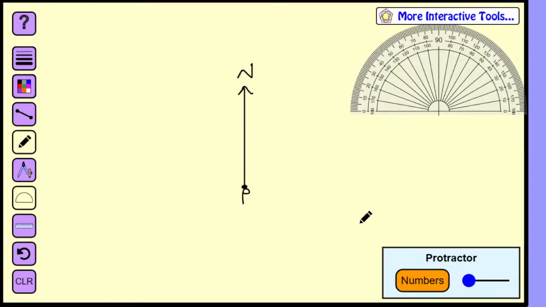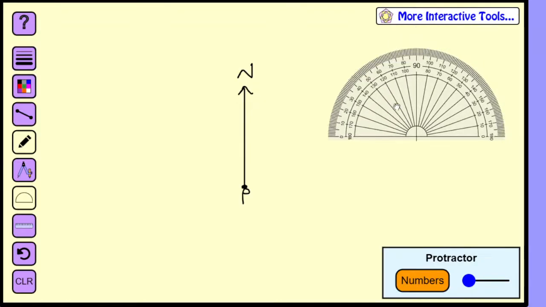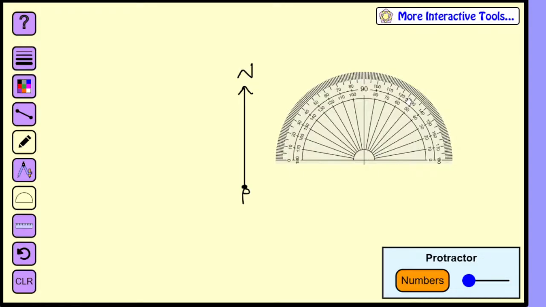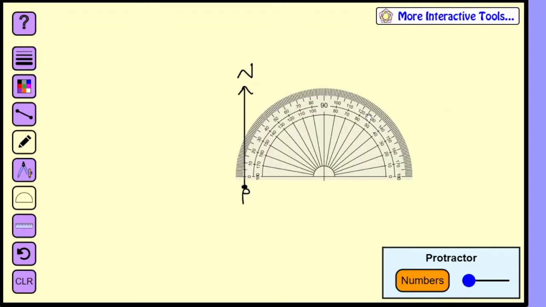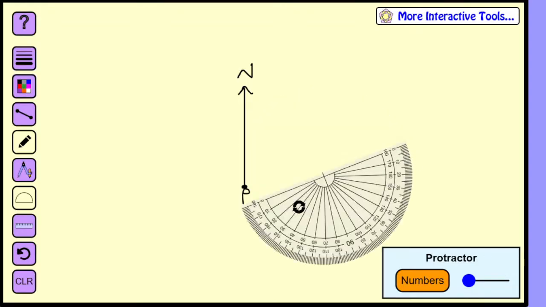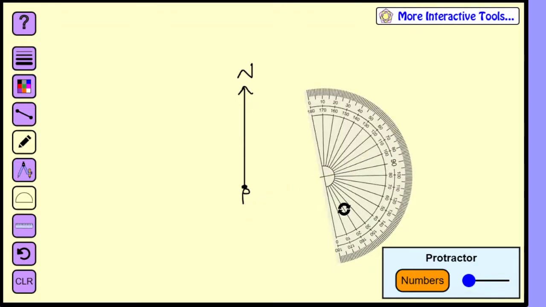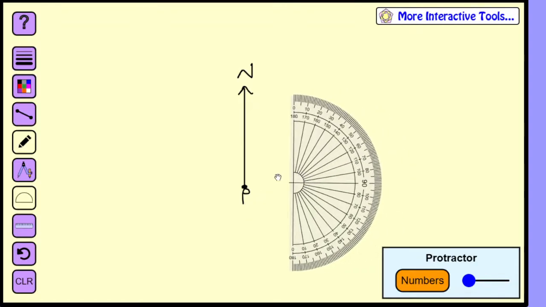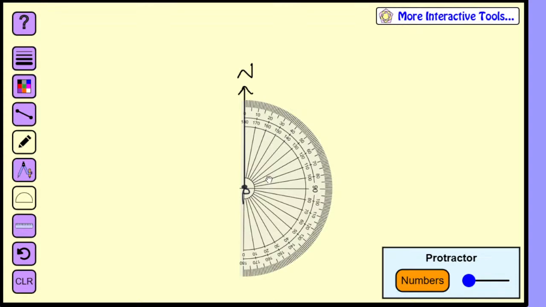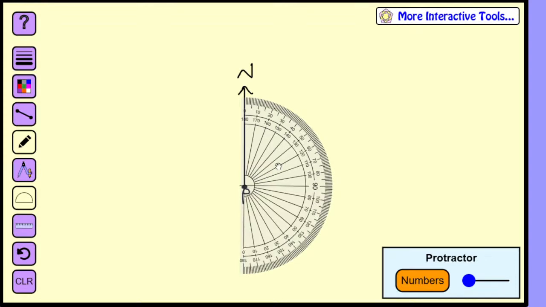So they have said Q is in a bearing of 50 from P. So how do you measure the bearing? Whenever you measure bearing, the 0 of your protractor has to be on the north. So we have to rotate the protractor and bring in the origin, the place where all the lines meet, to P, with the 0 of the protractor on north and 50 degrees clockwise.